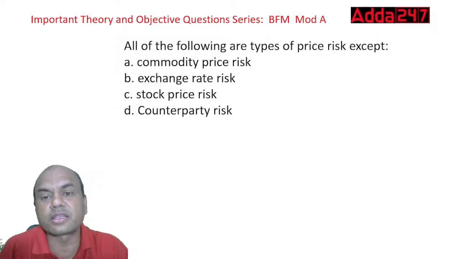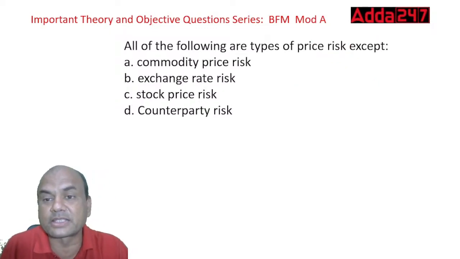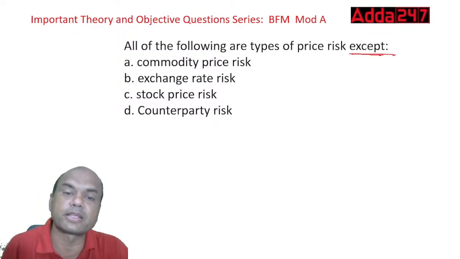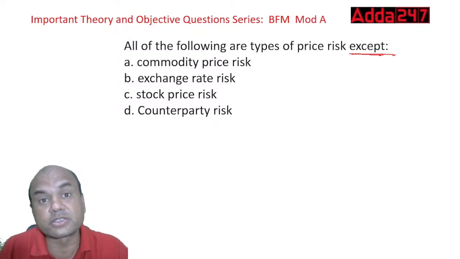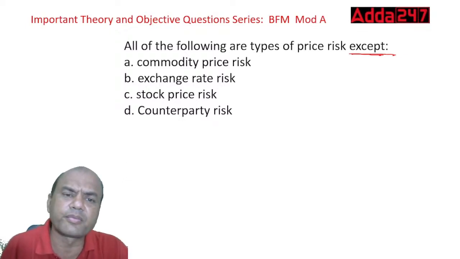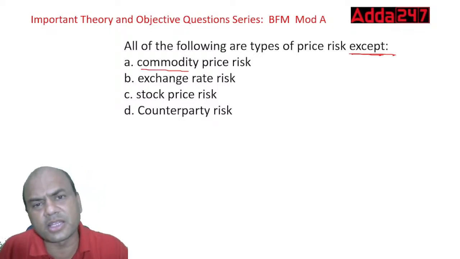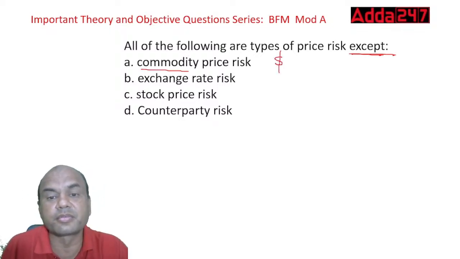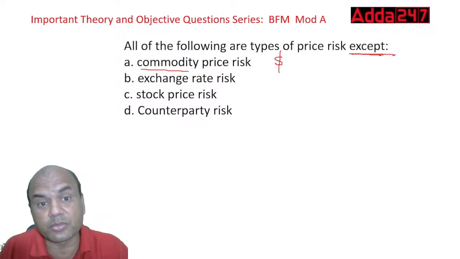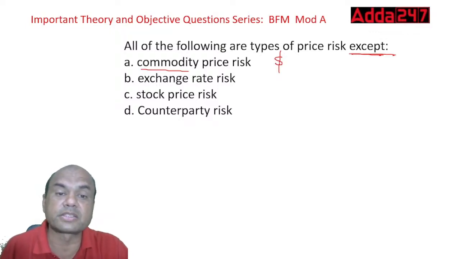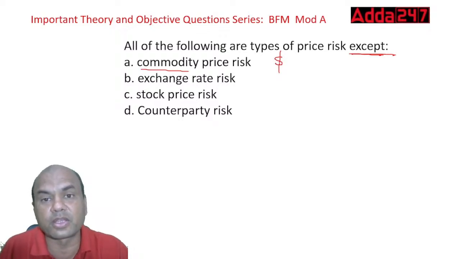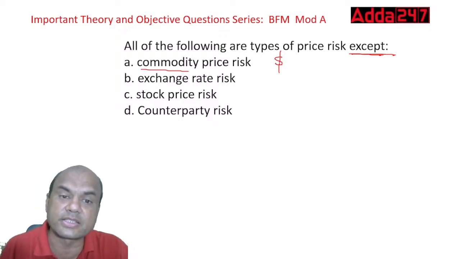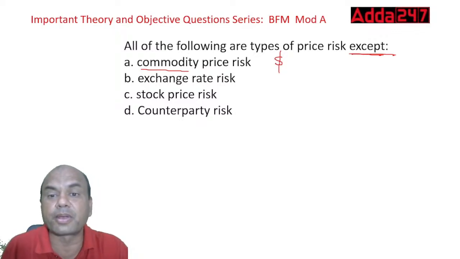All of the following are the types of price risk except, so which is not the type of price risk. Let's see. Price risk means what? Commodity price risk. The price of any commodity. What is a commodity? Commodity is anything. Dollar is also a commodity. Currency is also a commodity. So commodity price risk. Exchange rate risk. That is also price risk, because if the dollar rate or the exchange rate changes, definitely the price will change.